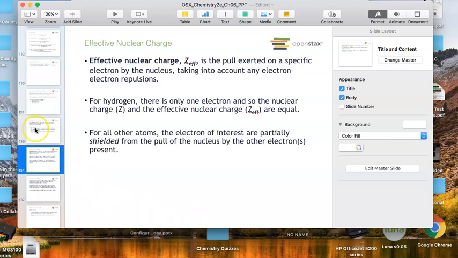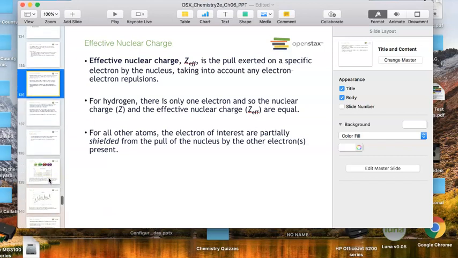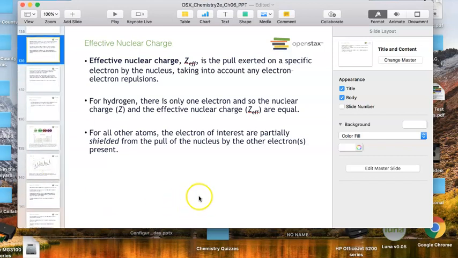Okay, so in order to understand the trend of the atomic radius increasing from right to left, we have to learn about effective nuclear charge. Effective nuclear charge is a pull exerted on a specific electron by the nucleus, taking into account any electron repulsions.